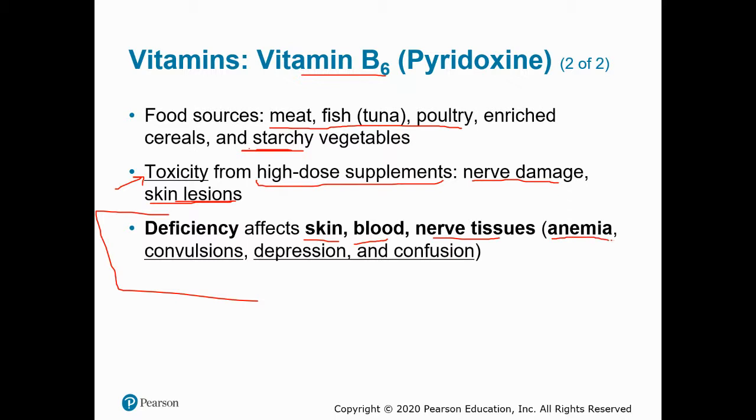We can also wind up with anemia if we have a B6 deficiency. So remember anemia, well, we haven't talked about anemia yet, so I shouldn't say remember. But anemia basically means poorly shaped or misshapen red blood cells.